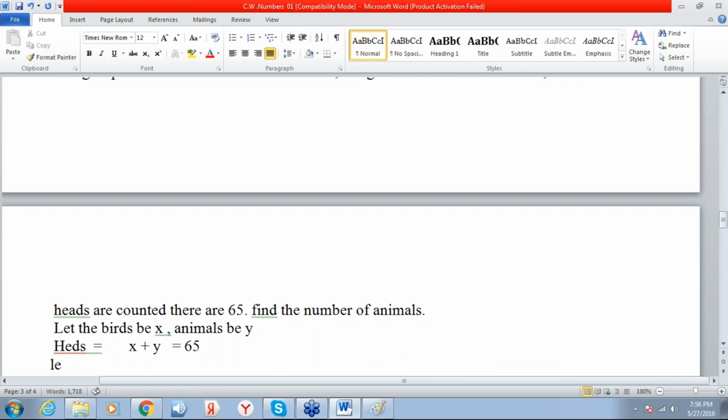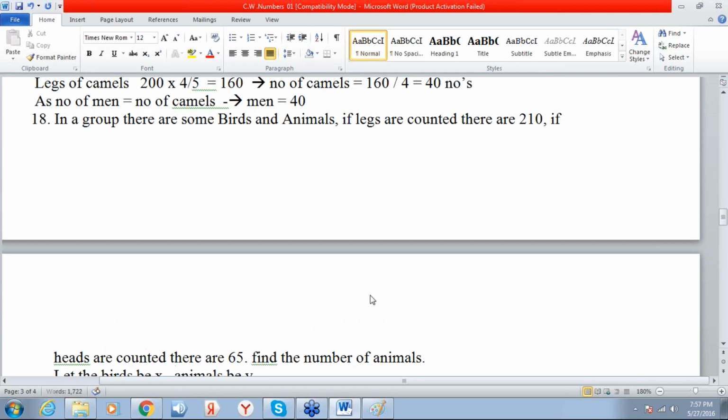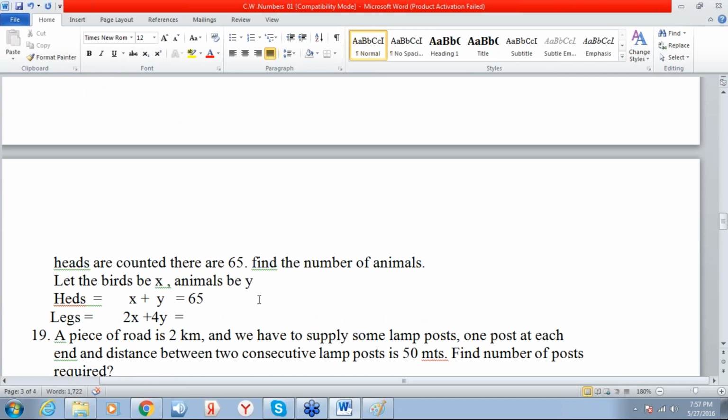Then legs. Each bird consists of 2 legs, so 2x. Each animal consists of 4 legs, so 2x plus 4y is equal to, in total, 210, right?